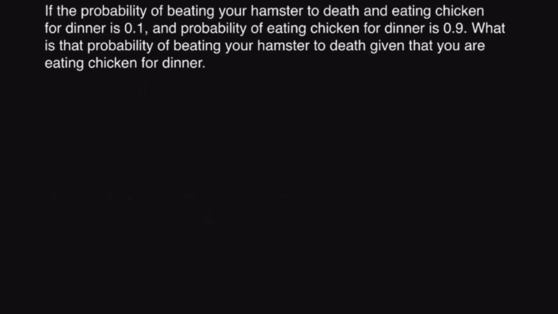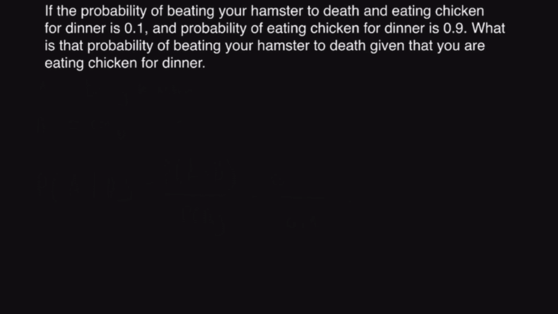Okay, so in this question, it says that if the probability of beating your hamster to death and eating chicken for dinner is 0.1, and the probability of eating chicken for dinner is 0.9, what is the probability of beating your hamster to death given that you're eating chicken for dinner? So first of all, I'd like to apologize to any hamster owners who are watching, but yeah.